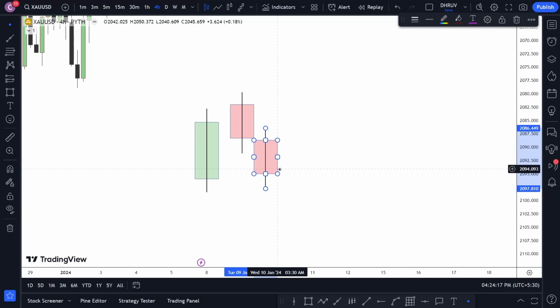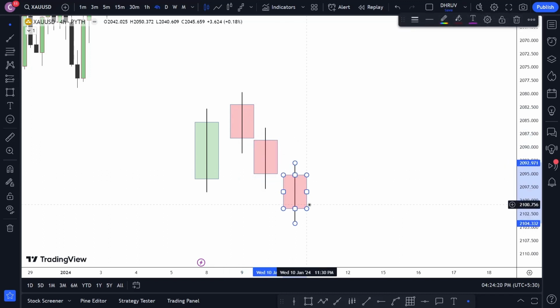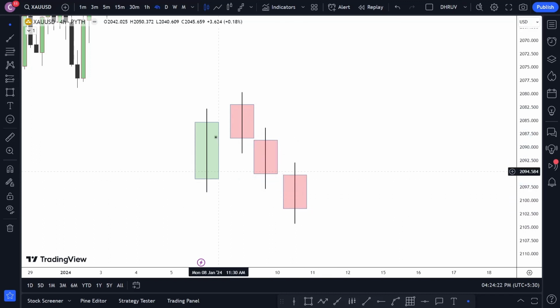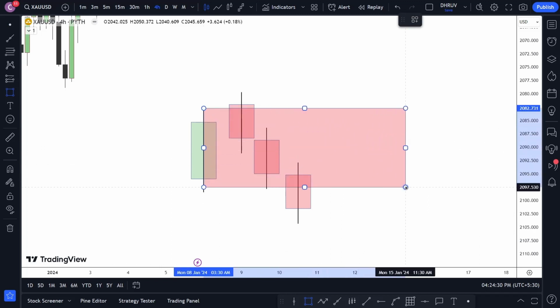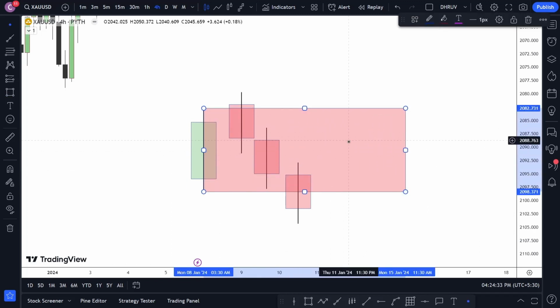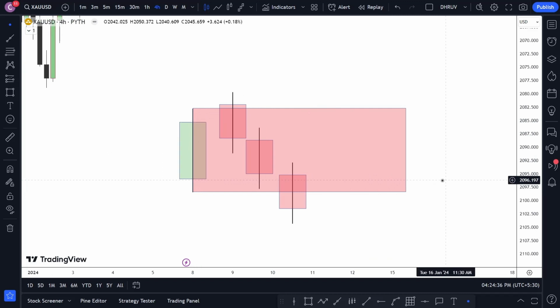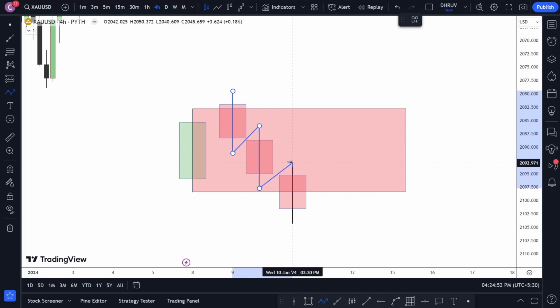So it took three bearish candlesticks of H1 to close below the low of the bullish candle, right? So this is what we call blend engulfing. So we will mark this whole zone as an engulfing cell. Okay. The important thing to look at is if we look at the transition of these candles, what do we see? We see a base, sorry, a drop and a base and a drop and a base and a drop, right?